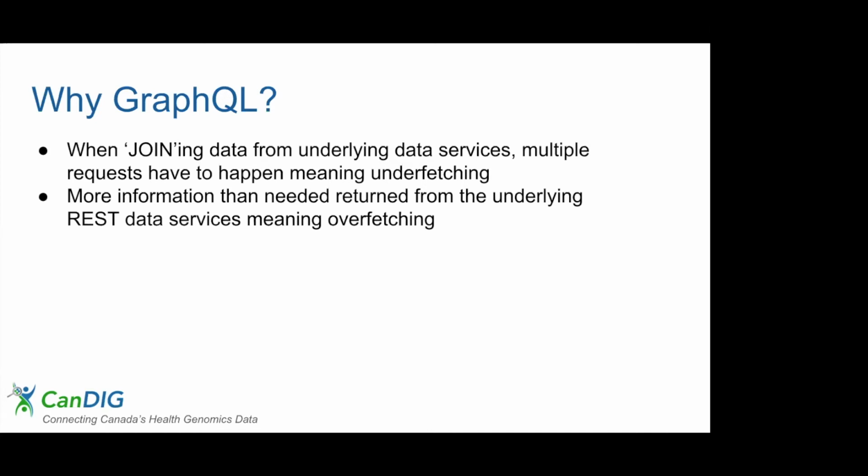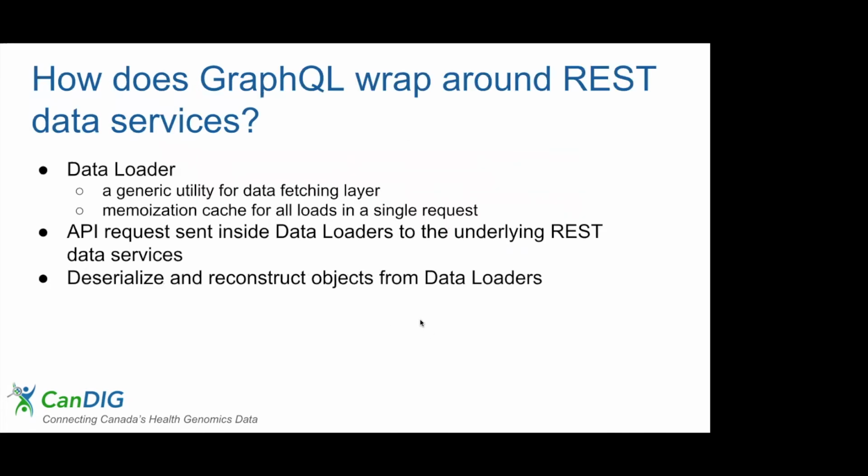And usually there's more information than needed when doing data analysis. So when the client gets results from the underlying REST data services, that's an example of overfetching. By using GraphQL, we can avoid both these issues and have a more convenient single access point for the cross-service queries.